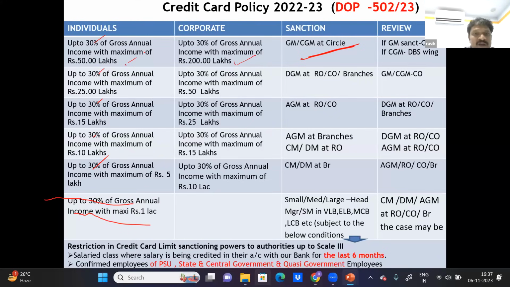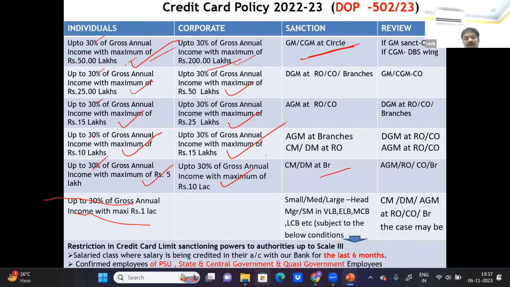DGM at RO is 25 lakhs, and 50 lakhs for corporate card. AGM at RO, 15 lakhs and 25 lakhs. AGM at branch, 10 lakhs and 15 lakhs. Try to remember; the rest you have to remember. Then CM at branch, 5 lakhs and 10 lakhs.